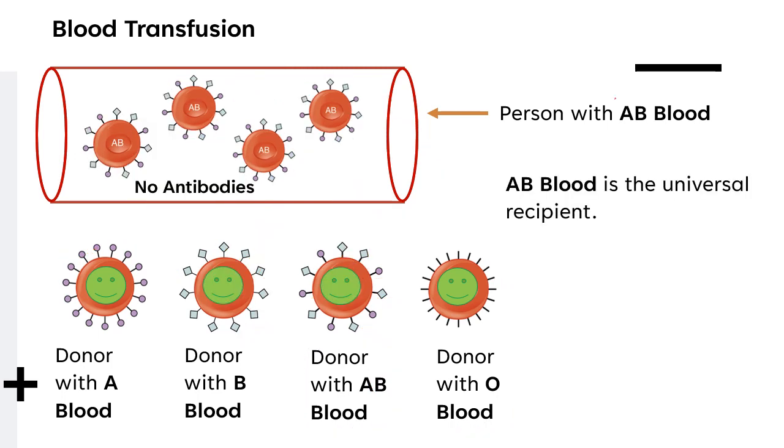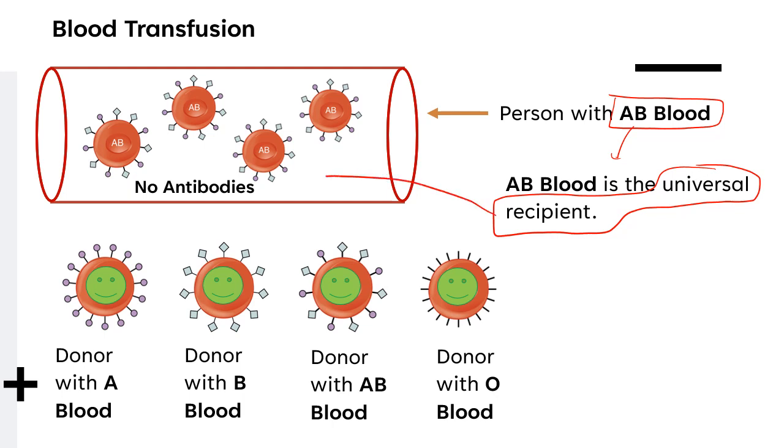A person who has AB blood is called the universal recipient. The reason they're the universal recipients is because those patients will not have antibodies in their plasma.